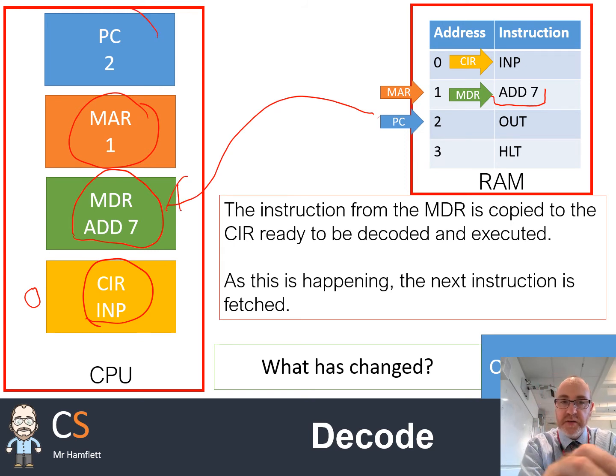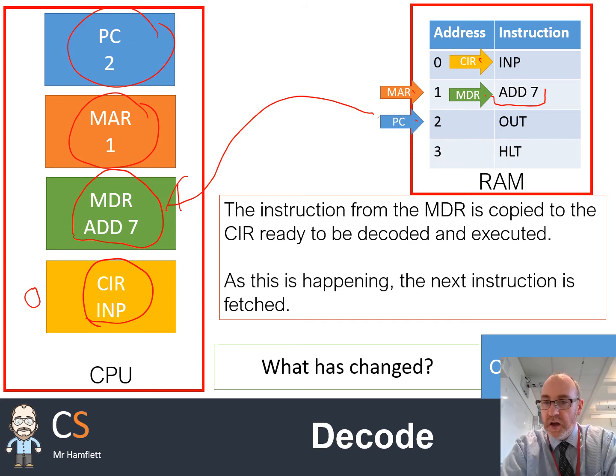The program counter, because it always points to the next instruction, is now pointing to instruction 2. So you can see the arrows on the screen here are pointing at different values now. So CIR is pointing at one instruction, the MAR and MDR pointing at the next, and the program counter is pointing at the third. And this happens all the time.